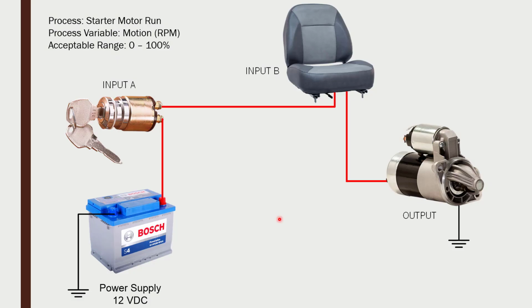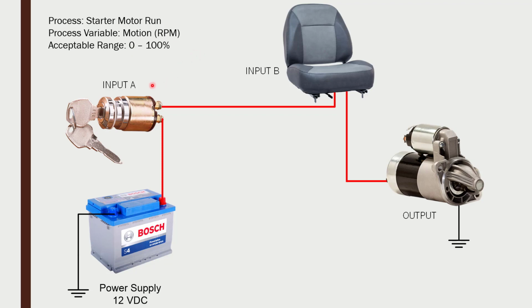In this example of a riding lawn mower, we'll say, I've got the process that I want to control, and that's this motor operating or running, and the variable is motion of this motor. We measure that motion in RPM. The acceptable range again is 0 to 100%.